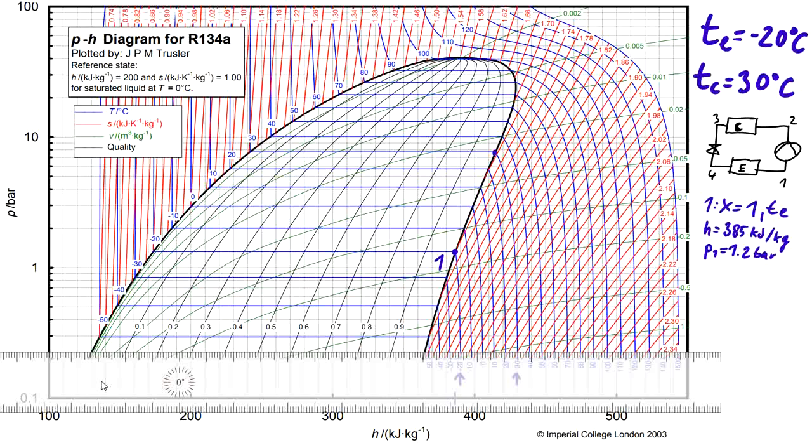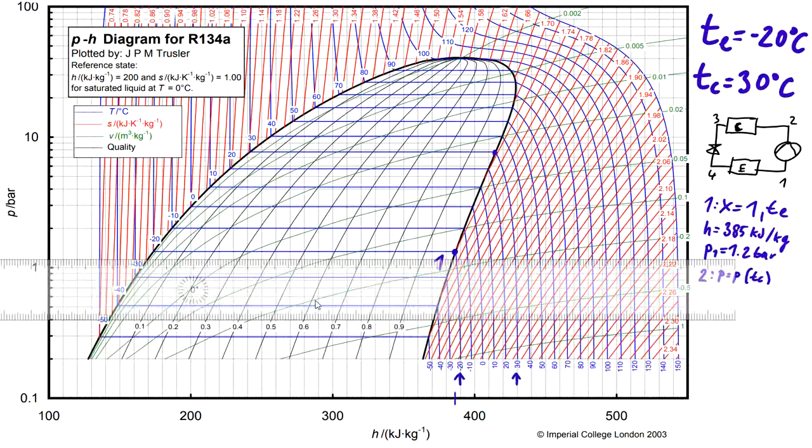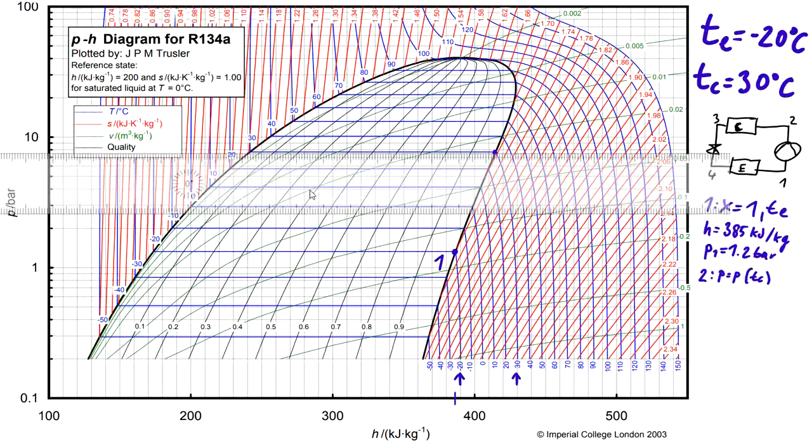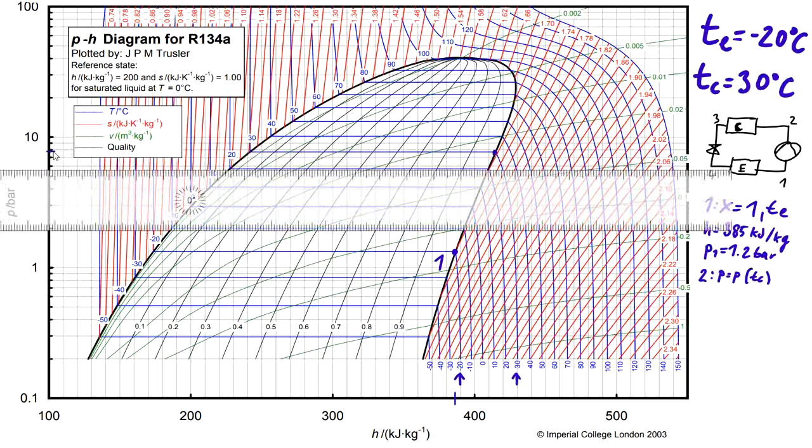Now the change to the point 2. The point 2 will be at the pressure of the condensation, which we found over here, and which is right below 8 bars.